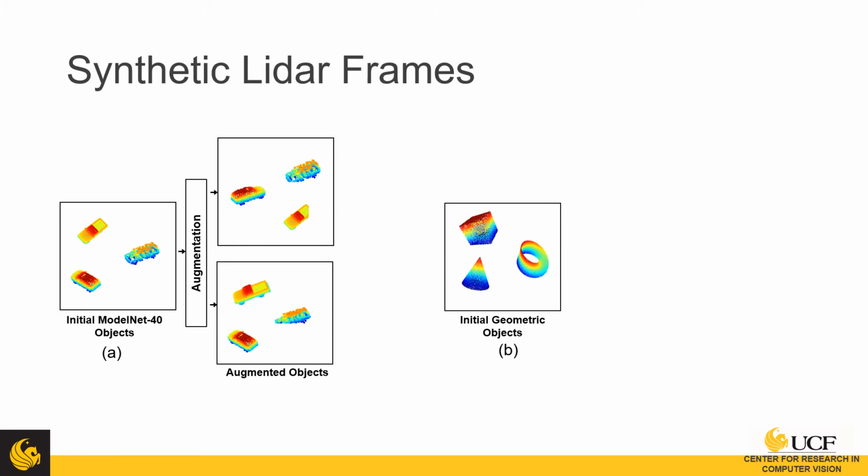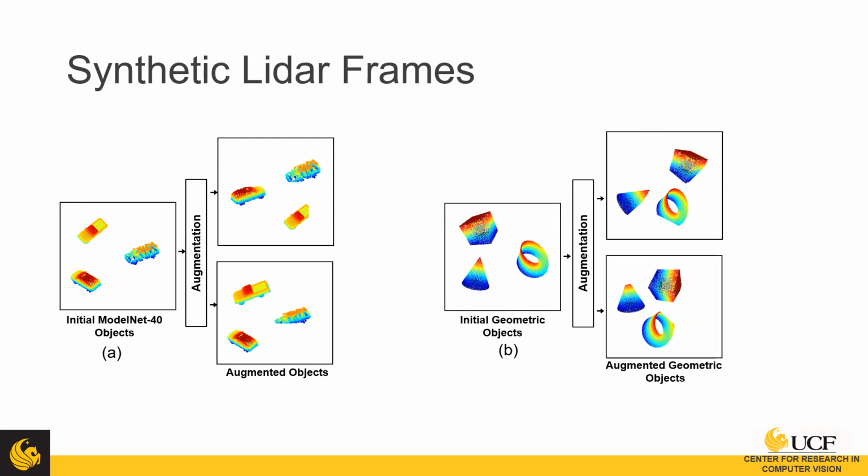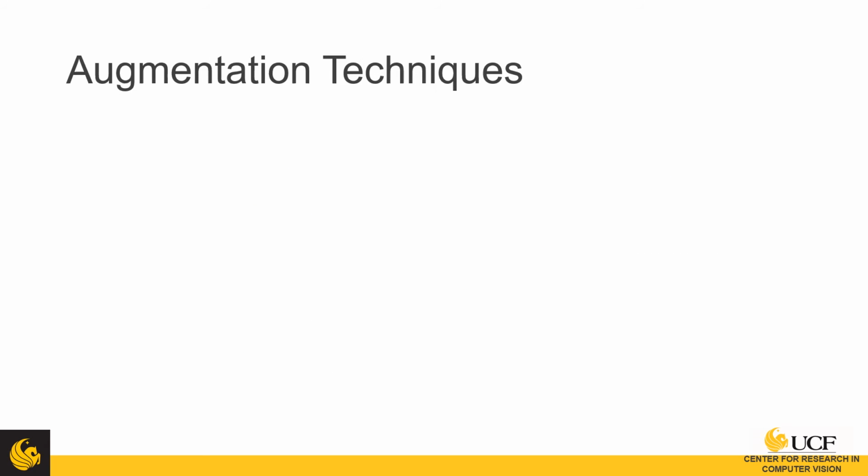Similarly, we also use basic geometric shapes like cones and boxes to create a synthetic LiDAR frame, perform augmentation and create two augmented frames. When we train our model in this setup, we get really good numbers. By creating synthetic LiDAR frames, we not only eliminate the need for correct identity association, but we no longer need a real dataset as well as the ground truth detections to train our model.